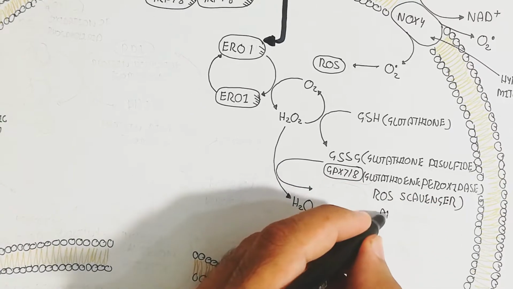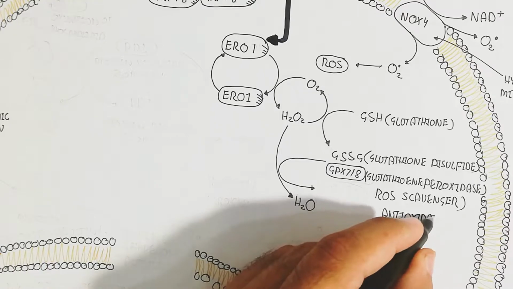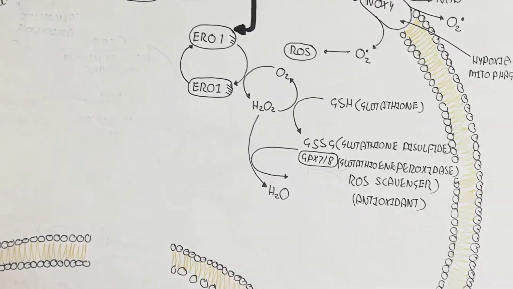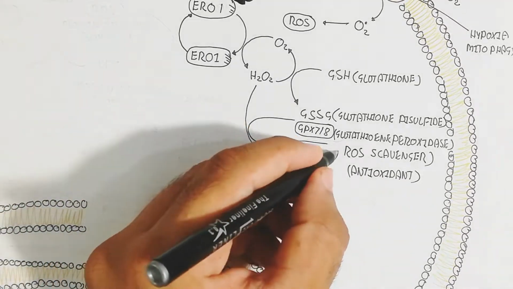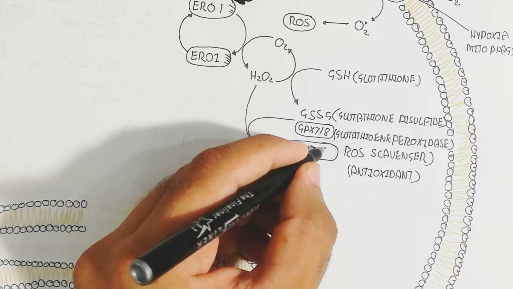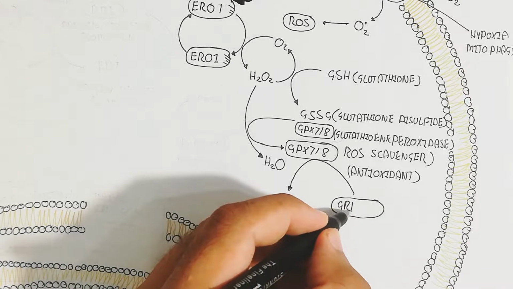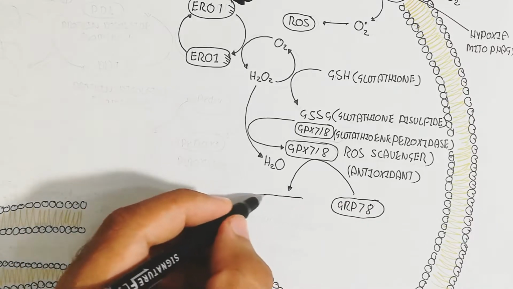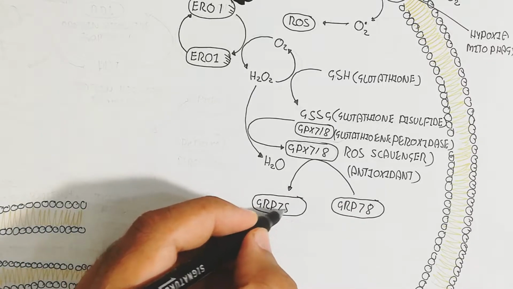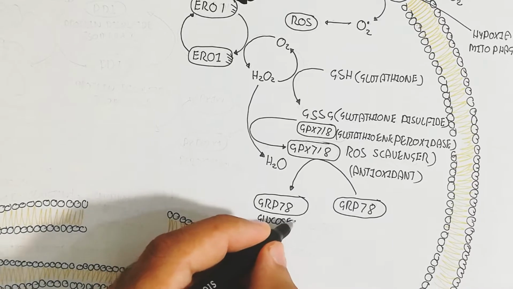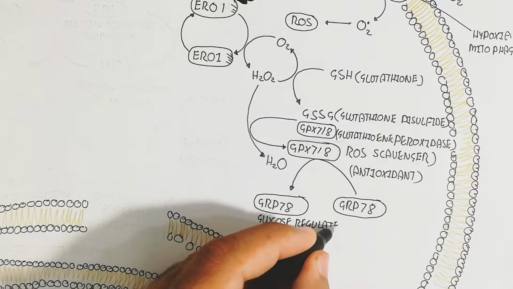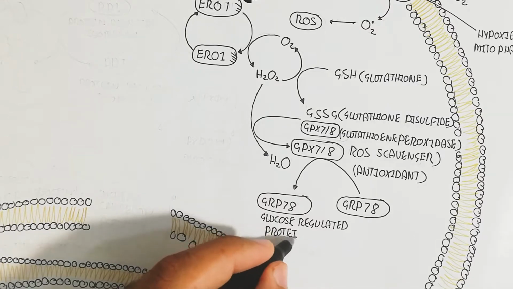So that means it is an antioxidant and reactive oxygen species scavenger, and this glutathione peroxidase will convert the inactivated GRP78 into the active GRP78.